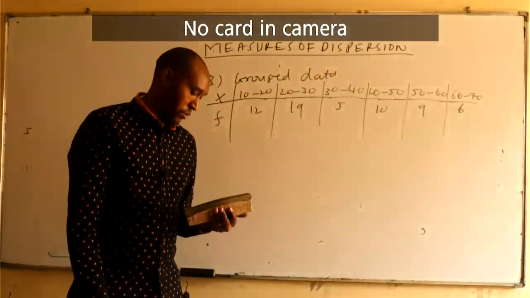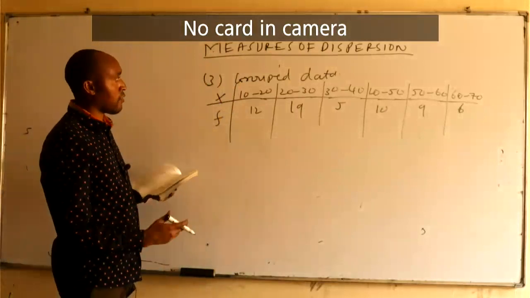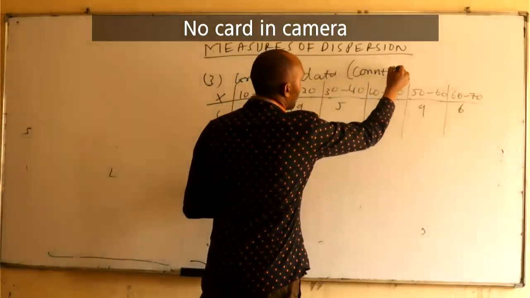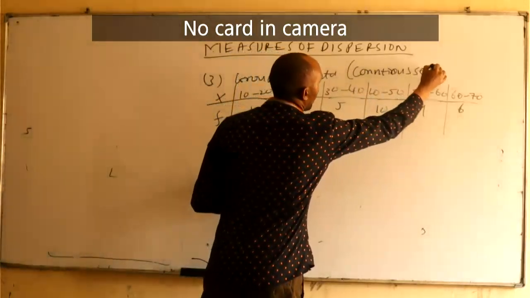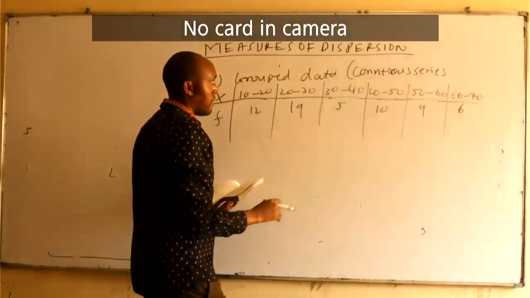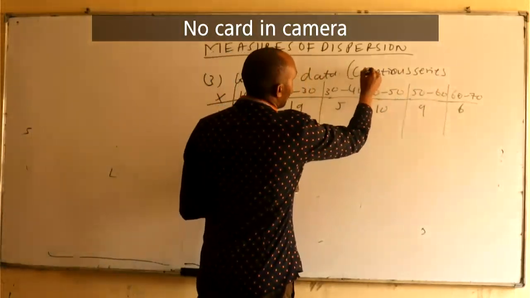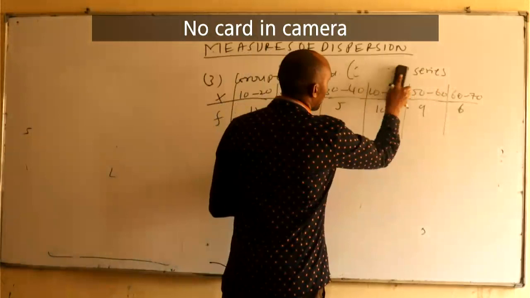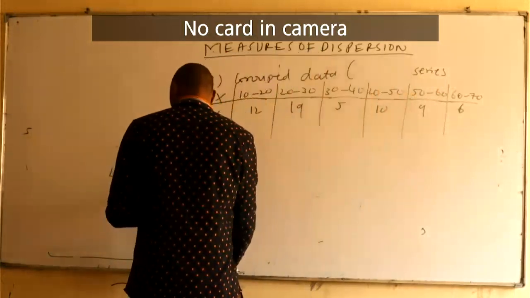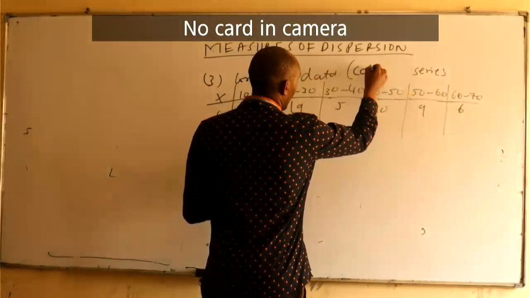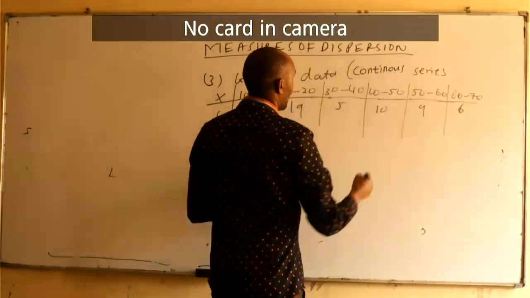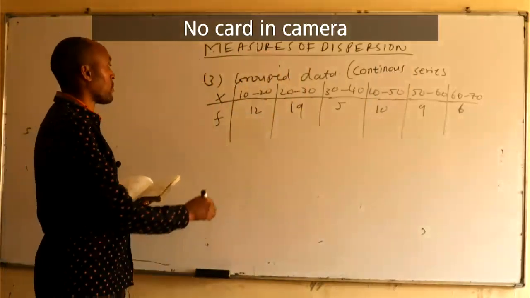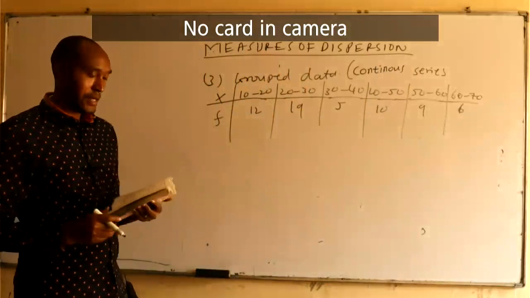Thinking about it, they have given grouped data, which we call a continuous series.